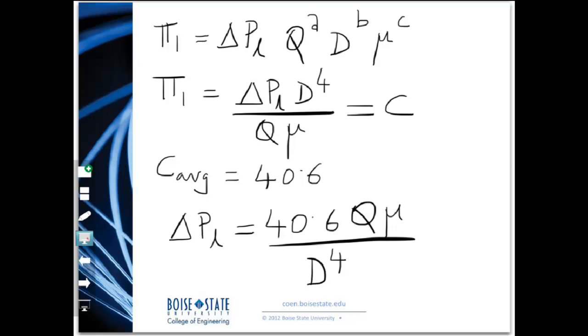All we could have said is we need to do experiments and determine what would be the relationship between these. So this is an experimental constant for this problem. If you design some other experiment, you might end up with a different C, but for this problem, this is what we have.